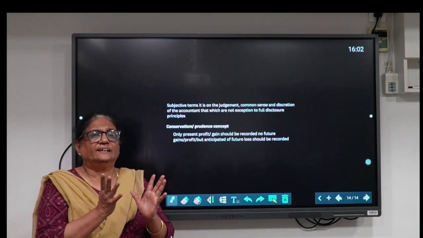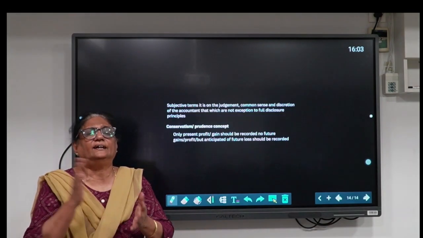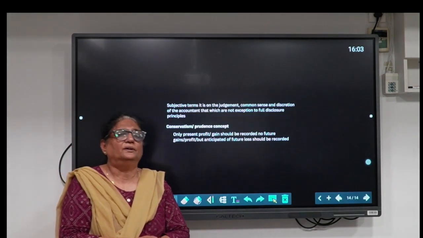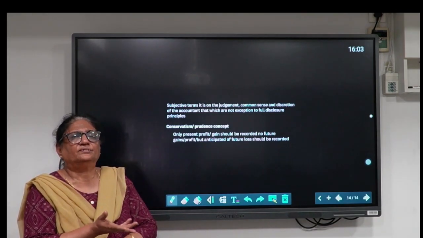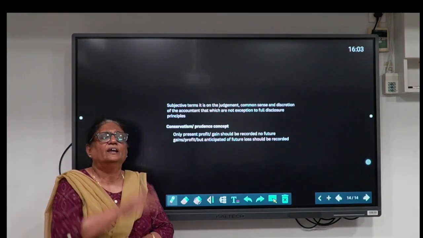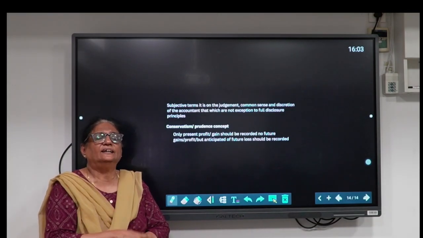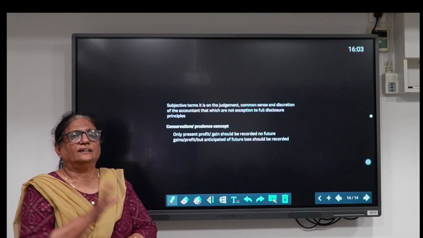into three categories. Previously we would do nominal account, real account and personal account. Now, for a few years, we have stopped that. We classify the nominal as expenses and losses. And then we have assets separately, liabilities separately, and capital and drawings separately.